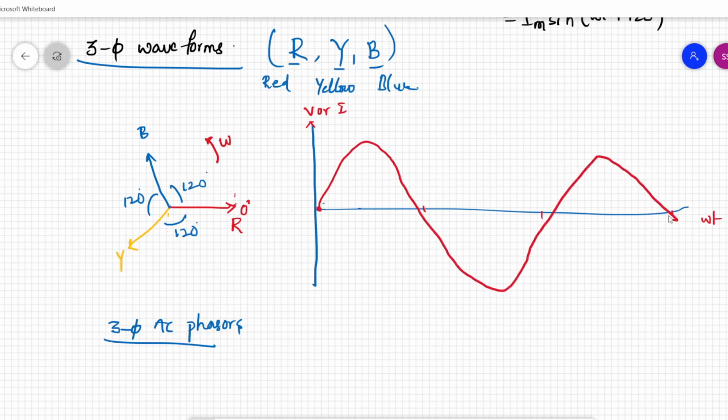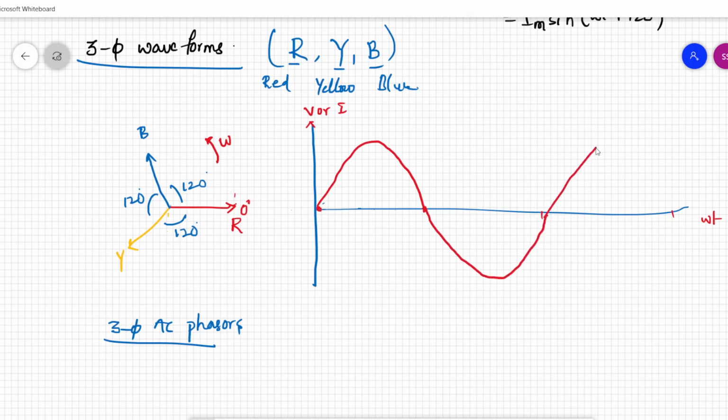So this is the R phase waveform. It is the first half cycle, second half cycle, third half cycle. Let us take it as VR, the voltage across R phase, or it can be current IR.